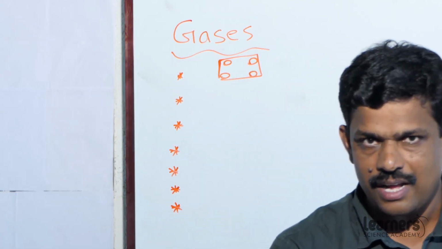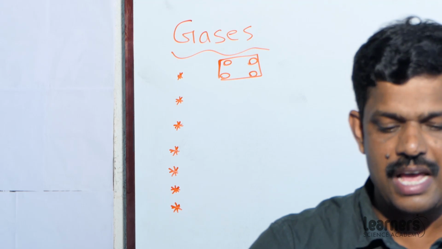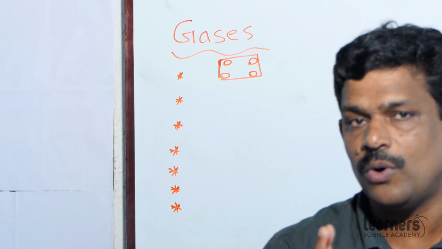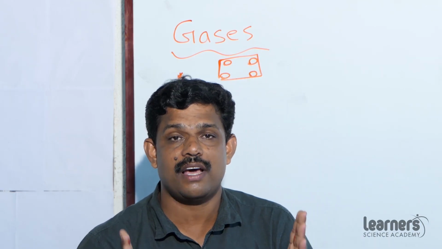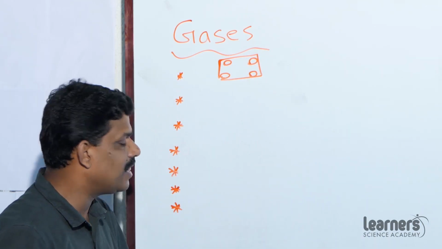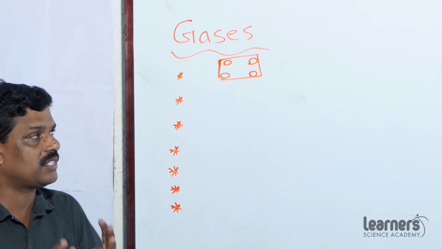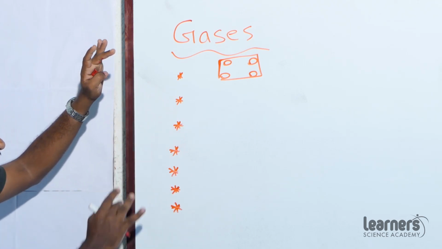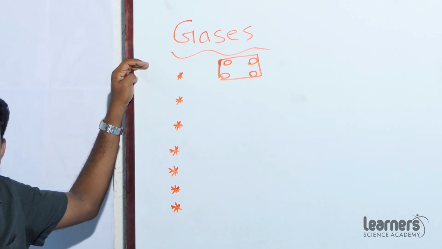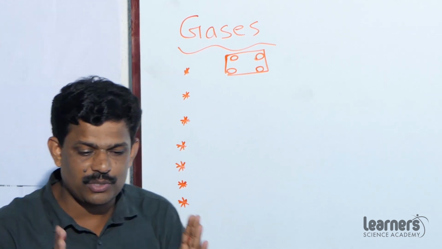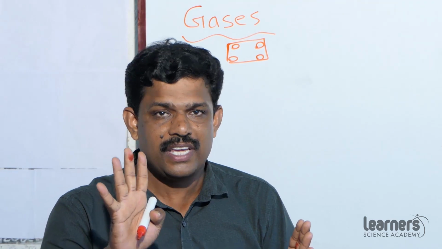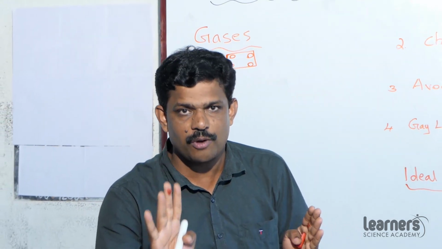Diffusion is the intermixing and spreading of molecules. Gaseous molecules are in constant random motion, so they can easily diffuse out. These are the general characteristics of gases. Related to gases, we have to study 5 laws in our +1 topic.